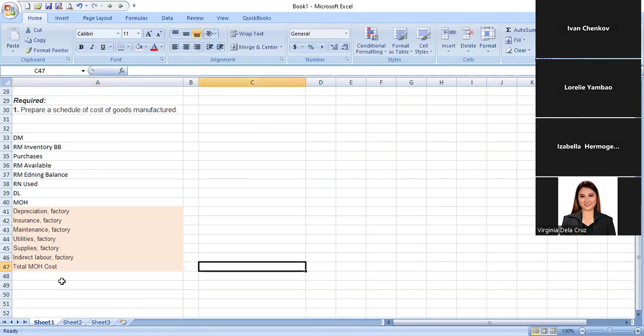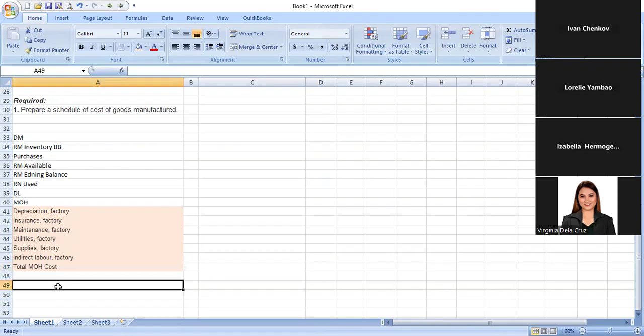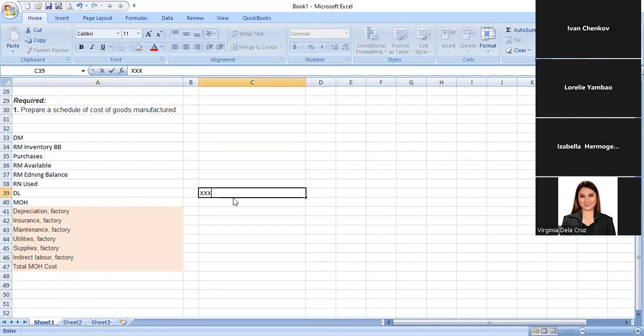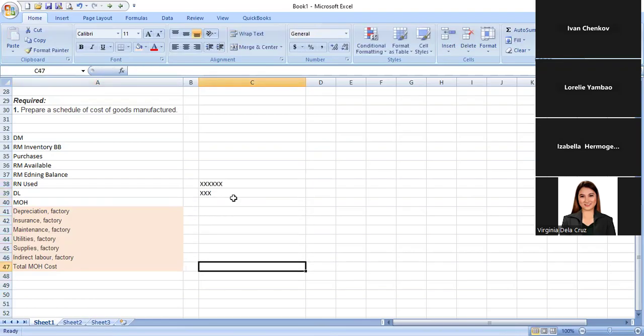Once we get that cost, then the next thing is there will be a line here, total manufacturing cost, where we're going to include any number that we have here, any number that we have here, and any number that we have here.